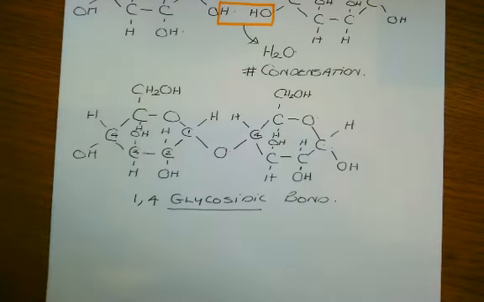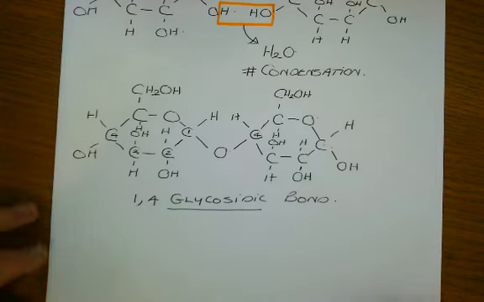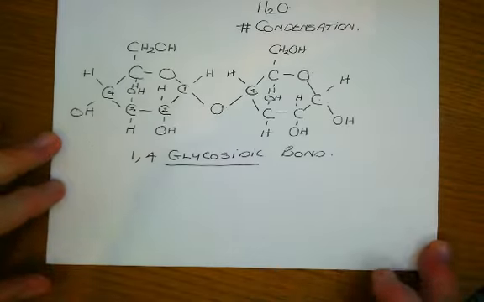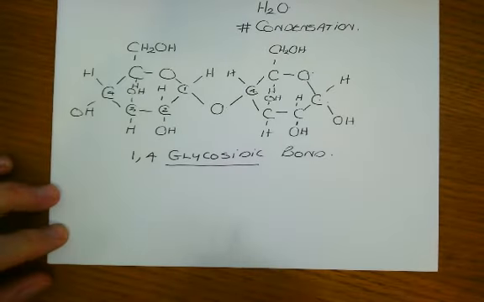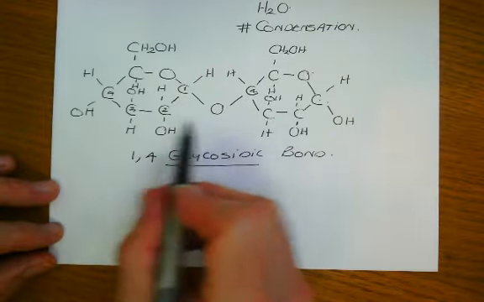You've got to be able to recall that name, glycosidic. Glycosidic bonds are the bonds that we see in carbohydrates. So starch molecules are held together by glycosidic bonds. Disaccharides are held together by glycosidic bonds. The one that we're talking about here is a 1,4. Sometimes we can have a 1,6 and so forth. But let's discuss that in a bit more detail.